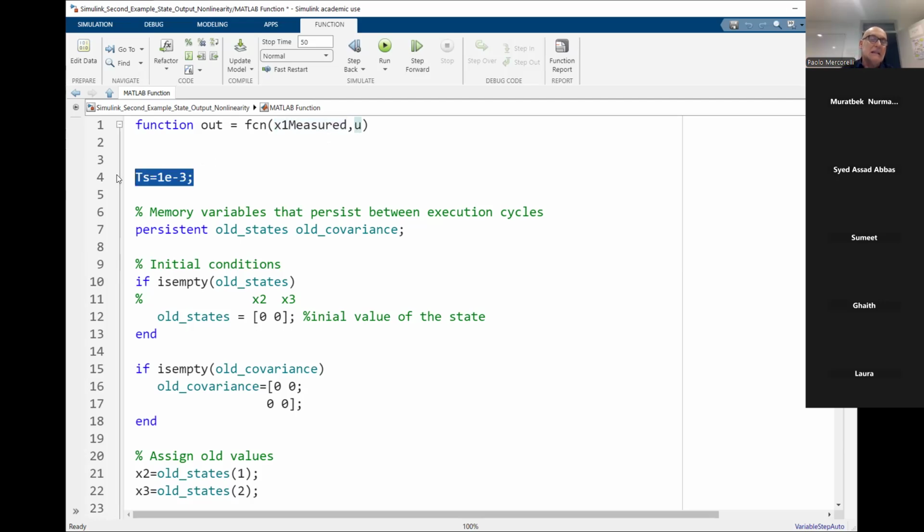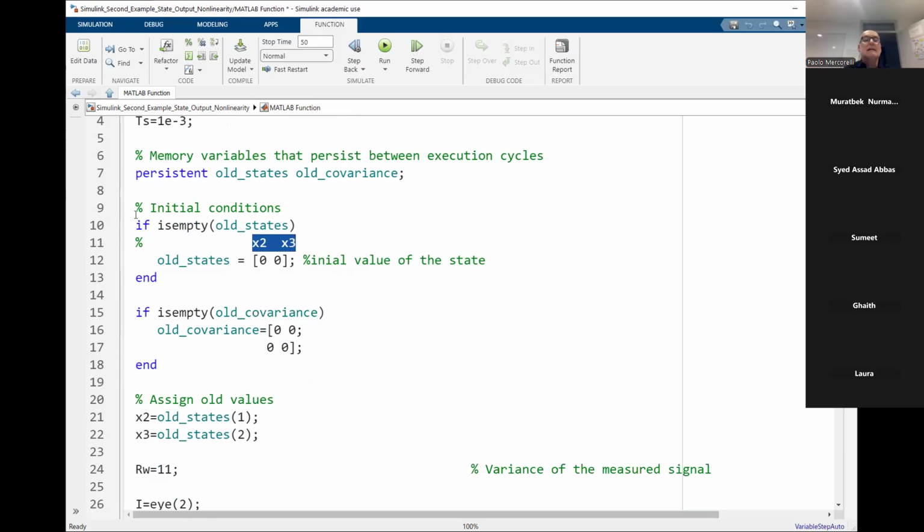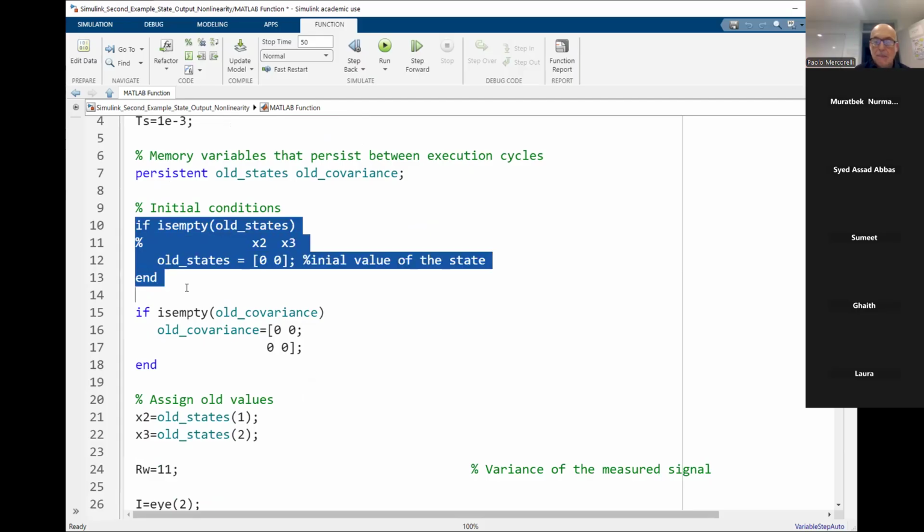TS again, I can put TS here also as an argument, but in any case it should be the same as I put in the workspace. Here we have x2 and x3 in our representation as the state variables. You remember this if empty, all the states represent the initial value. This if is active just at the beginning.